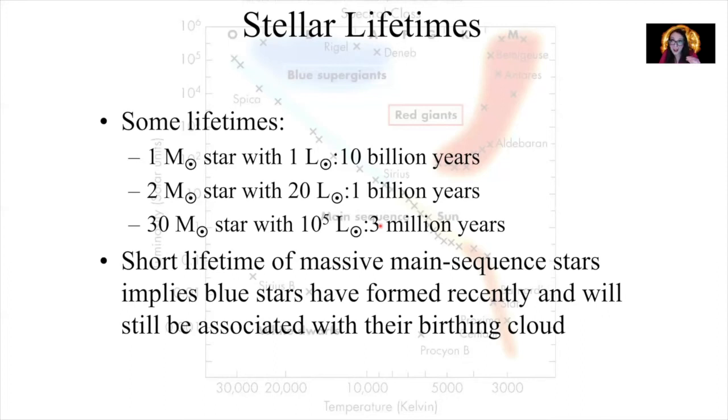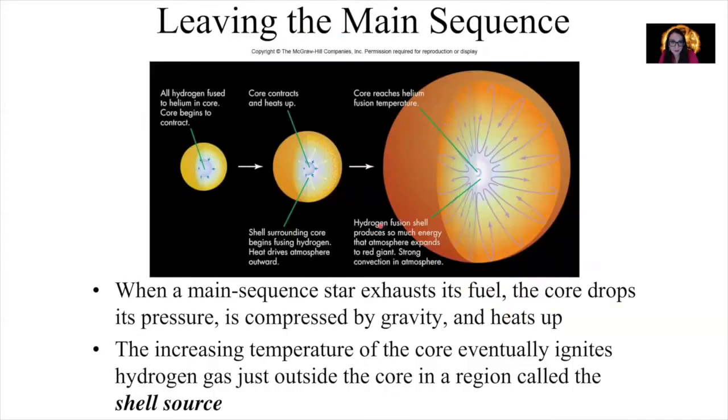So when we're looking for habitable worlds, the best place to look is around stars that are about the sun's mass and smaller, because we know that they have much longer lives than these big stars.